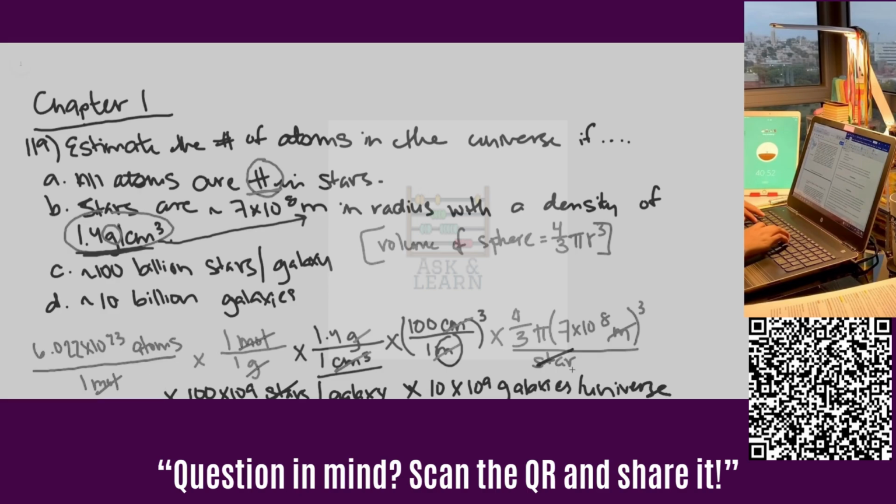Taking all of this into consideration, when doing all of this math, we get the number of atoms in the universe. What this finally comes out to, once you do all of these calculations, is about 1 times 10 to the 78th atoms, specifically hydrogen atoms, in the universe.